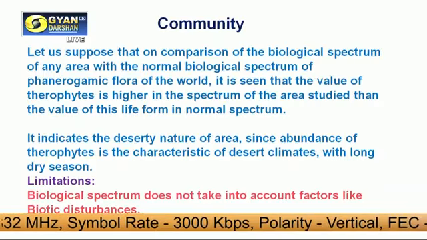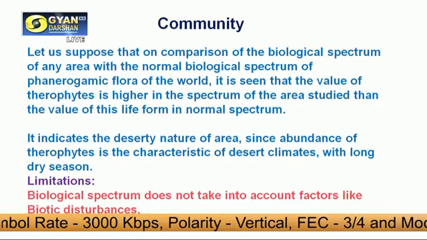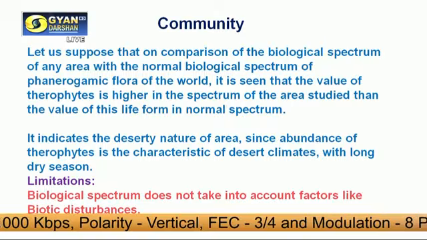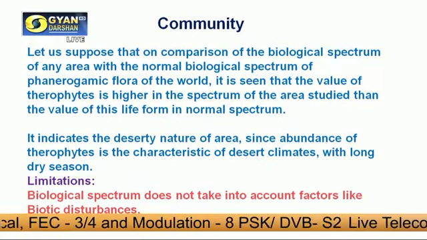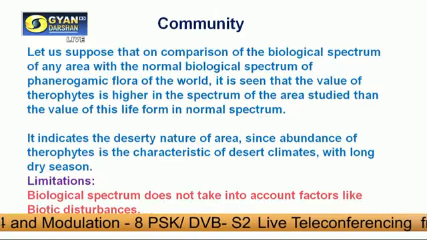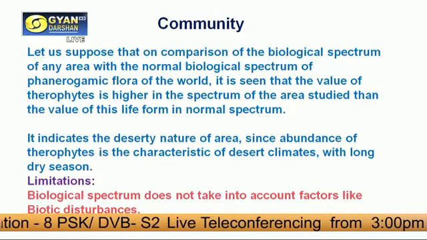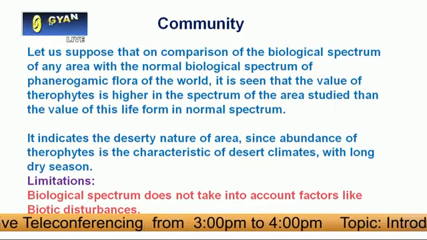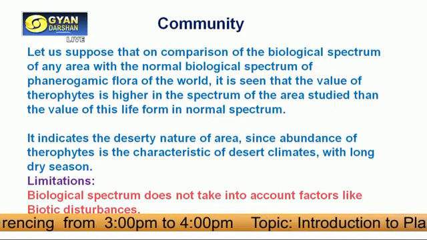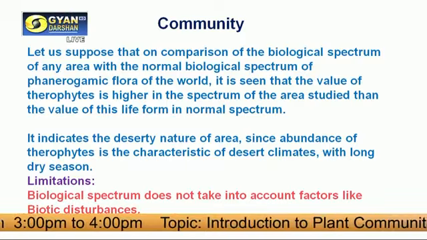So I give you an example here. Let us suppose that on comparison of the biological spectrum of an area with the normal biological spectrum of phanerogamic flora of the world, the value of therophytes is higher in the spectrum of the area studied than in the normal spectrum.